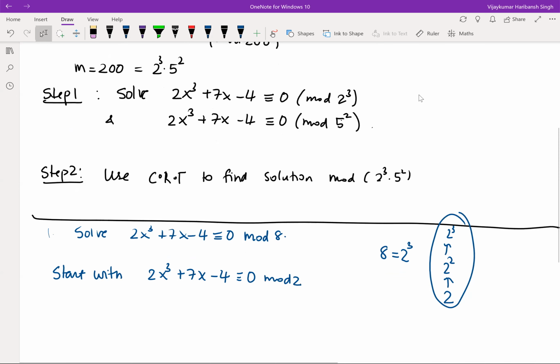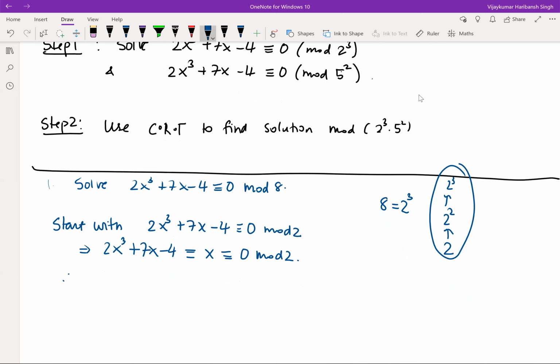So mod 2, 2x cubed is 0, 7x is x, so x is congruent to 0 mod 2. So this is your solution.